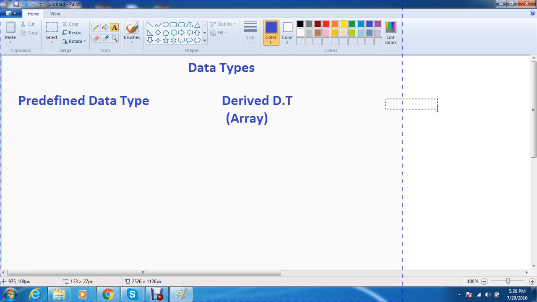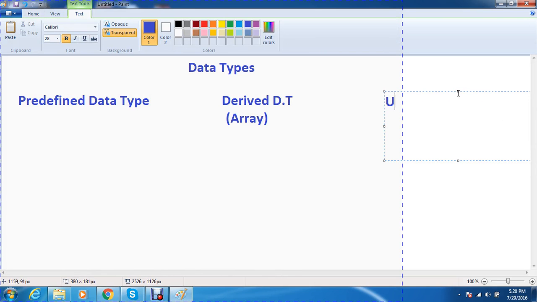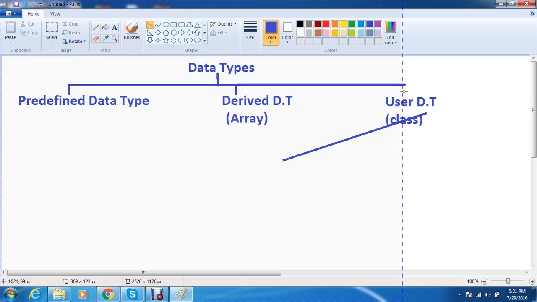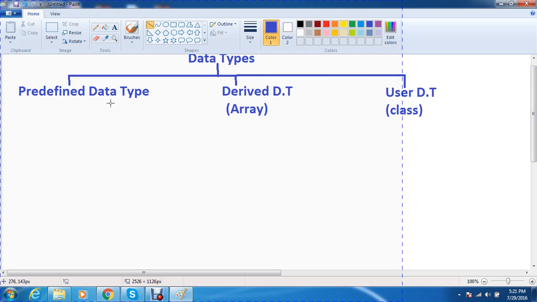Later one is the user data type, or class. This is the first categorization: three categories. Predefined data type, derived data type, user data type.